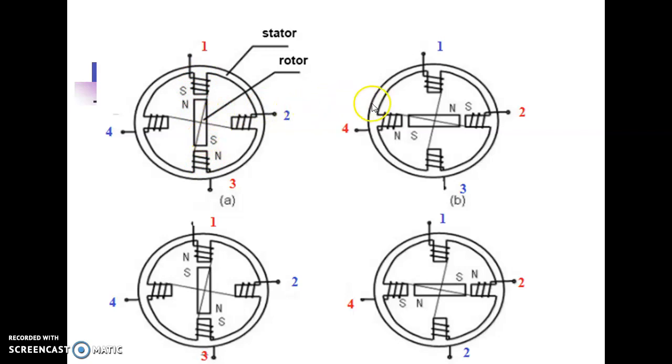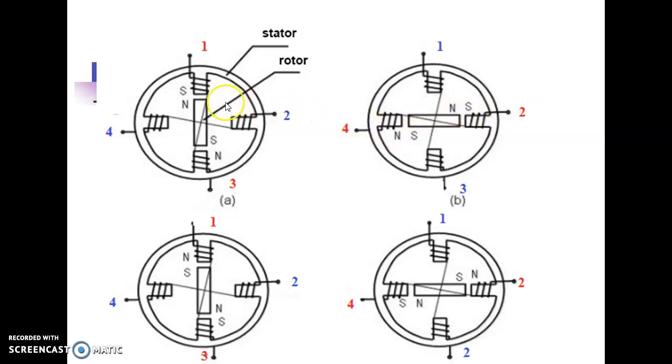In the next step, the second position, 1 and 3 are switched off and 2 and 4 are energized, the current is provided in 2 and 4. Now 2 becomes south and 4 becomes north.